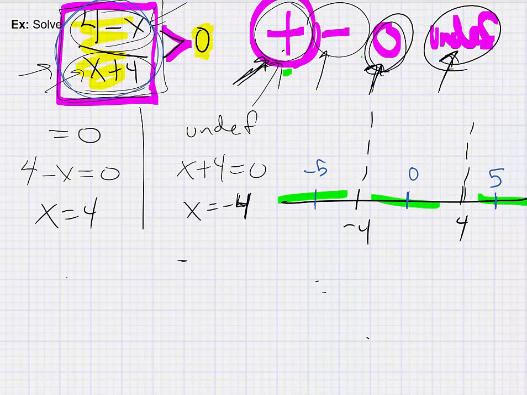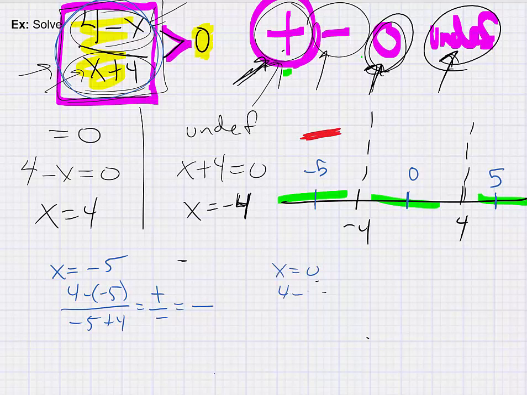So for x equal to negative 5, if we plug it in, we're going to go 4 minus negative 5 over negative 5 plus 4. Well, the numerator is 4 plus 5, which is positive. The denominator is negative 5 plus 4, which is negative. So overall, we get a negative. So we get a negative here. When we go with x equals 0, we get 4 minus 0 over 0 plus 4.